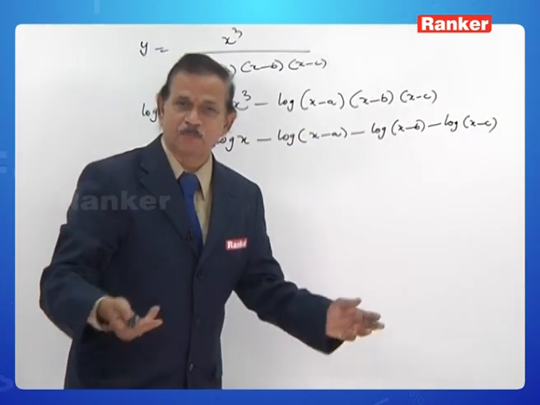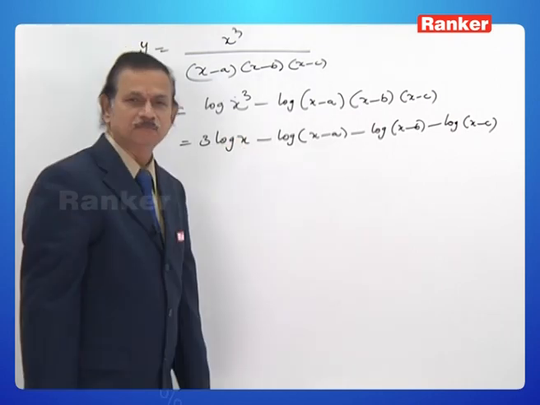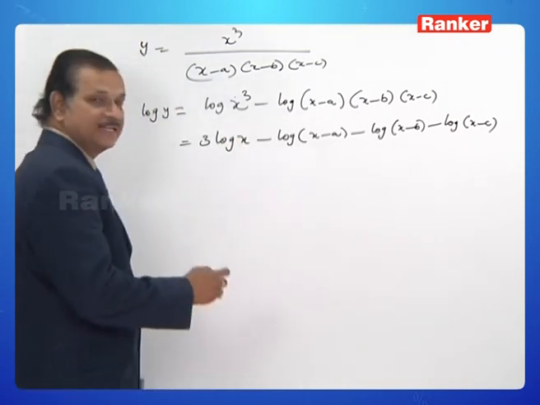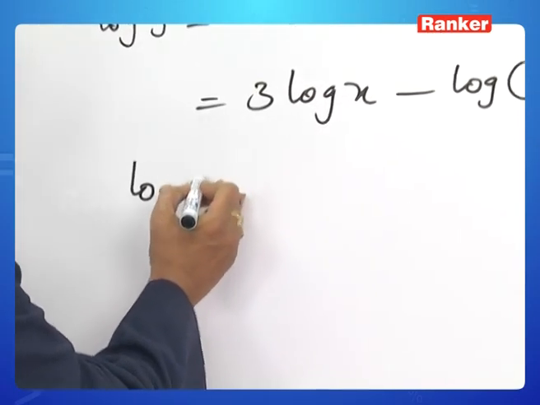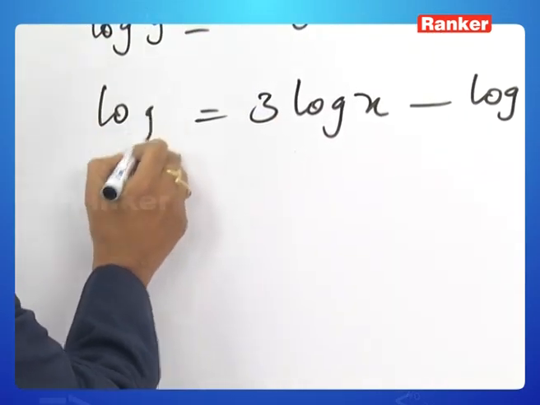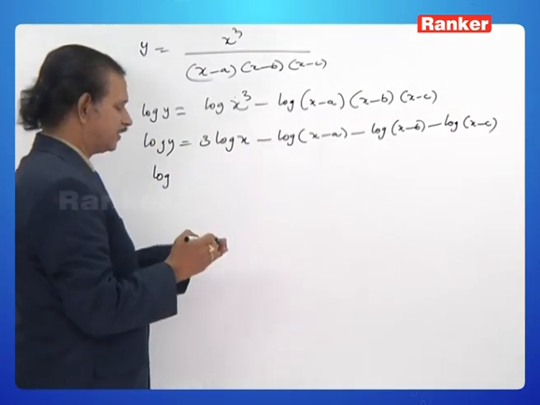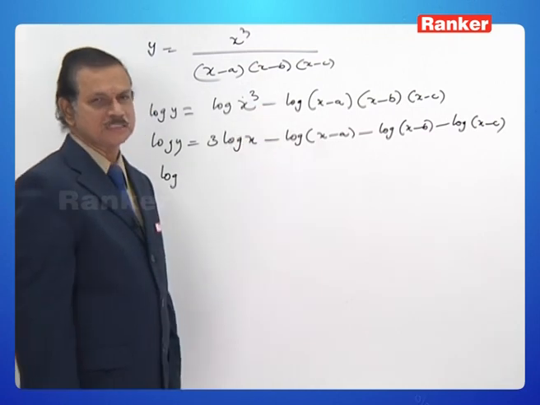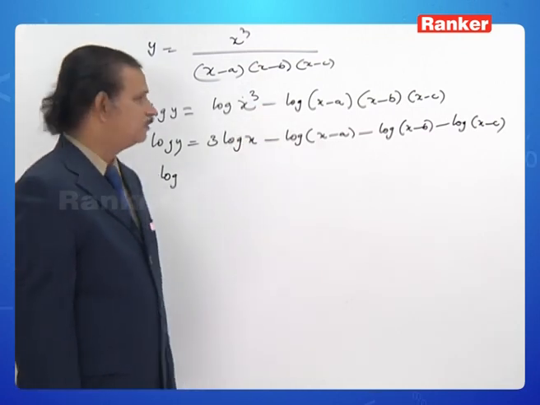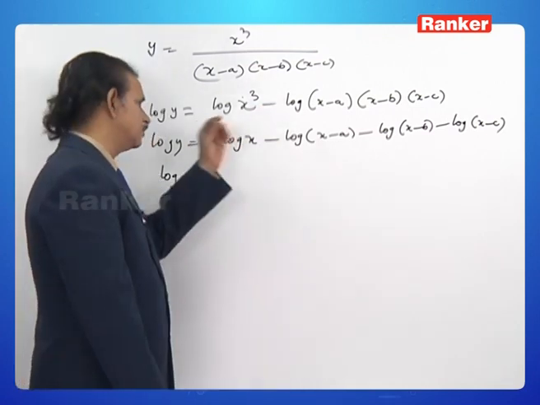For the sake of explanation only I am putting these steps, but one can easily arrive at this step directly. Log y is equal to 3 log x minus log of x minus a minus log of x minus b, etc. This step is not necessary, as I told you, for the sake of explanation only I have put this step.